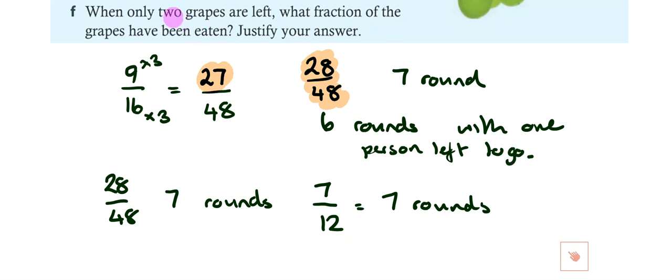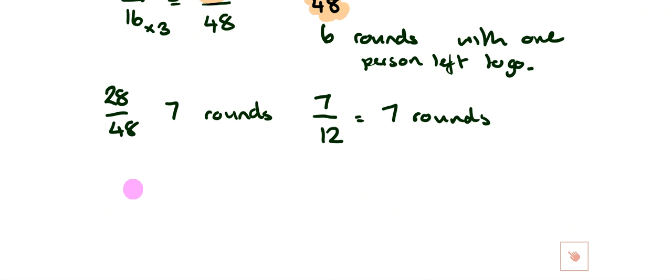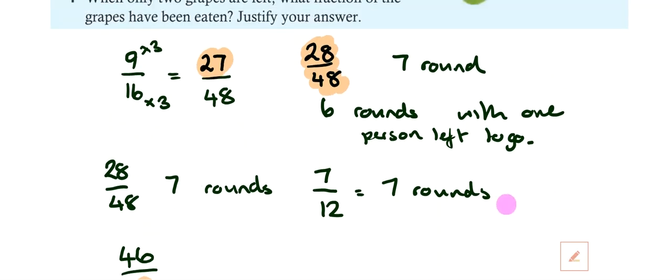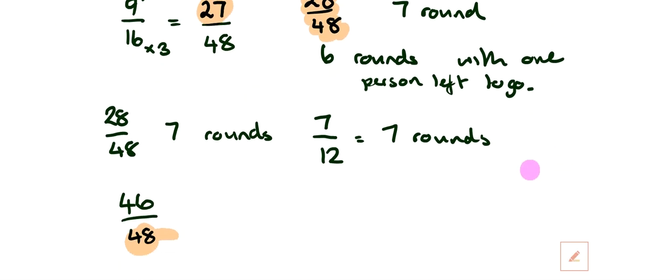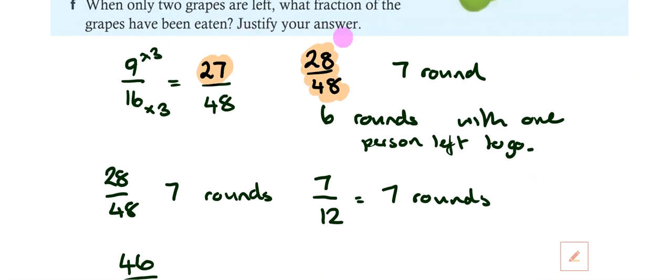When only 2 grapes are left, what fraction of the grapes have been eaten? Well, should we just do it as 46 out of... That's why I wanted to do the 48 all the time, guys. It's because it's so simple. And then we can simplify, but 46 out of 48, only 2 grapes are left.